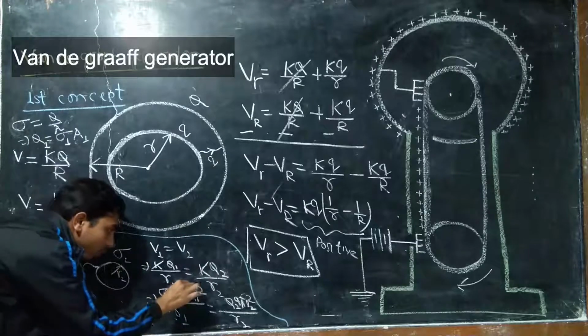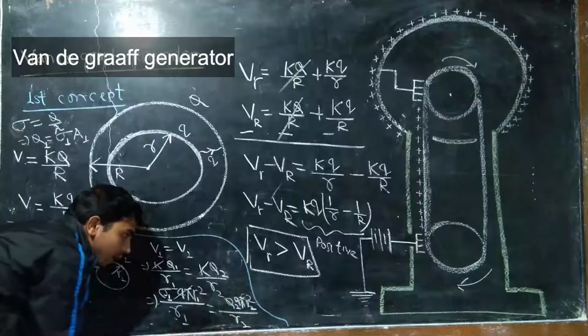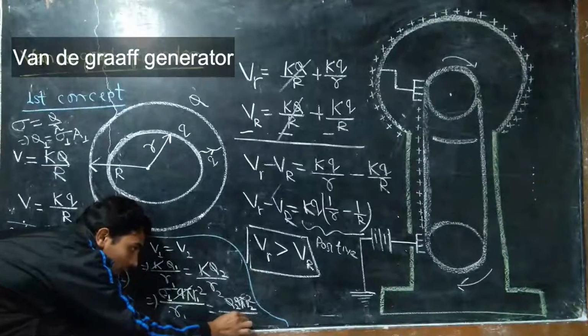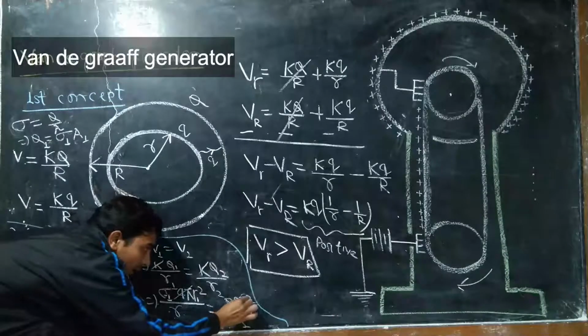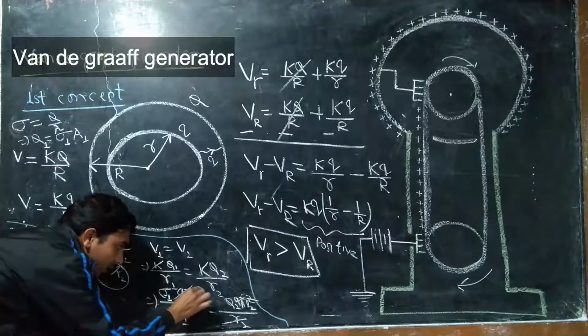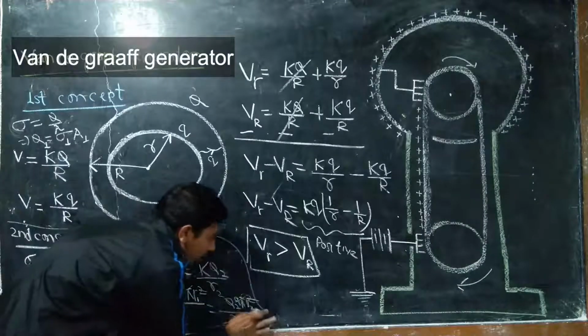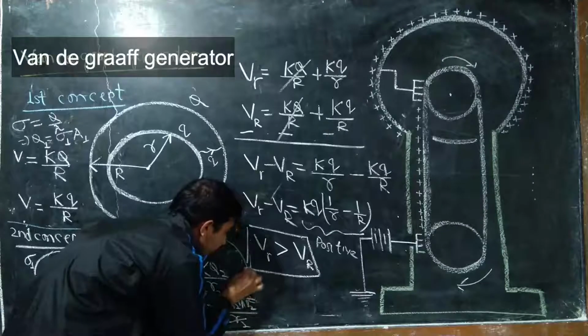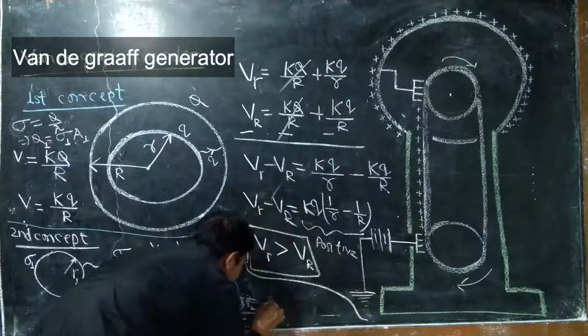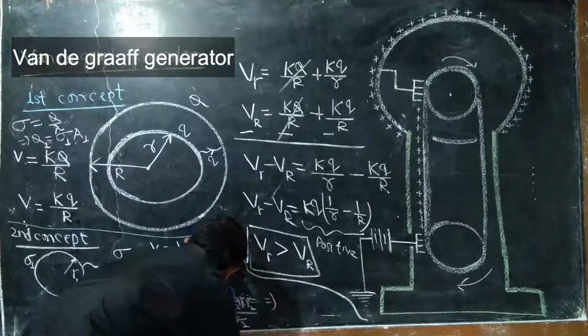Now you can see 4 pi cancels. And R2 and R, we can cancel again. So after this we can write this side. So finally, what relation are we getting?